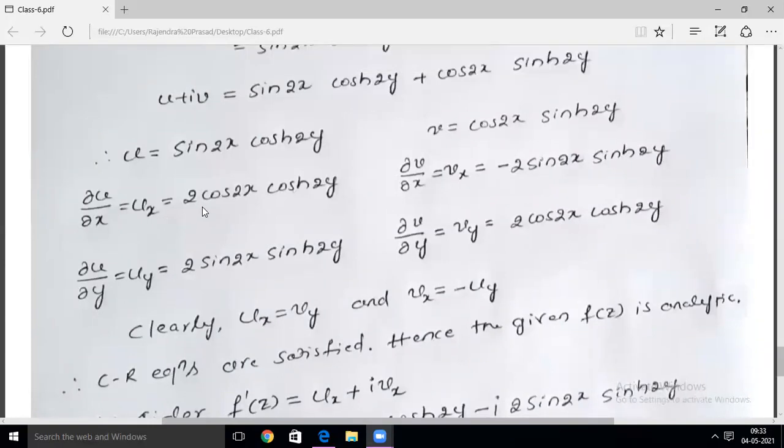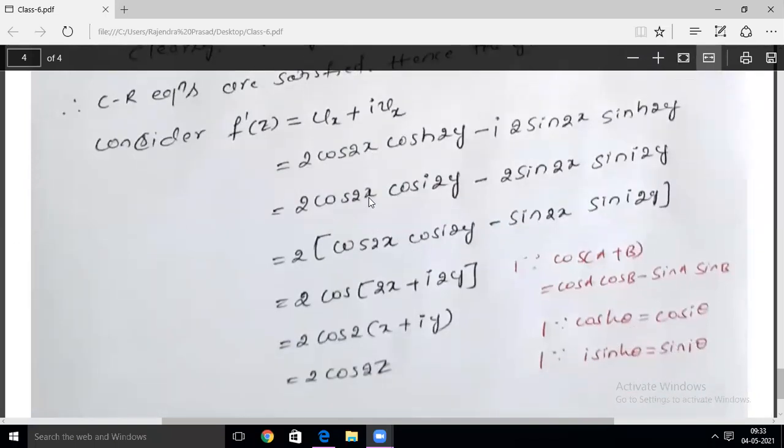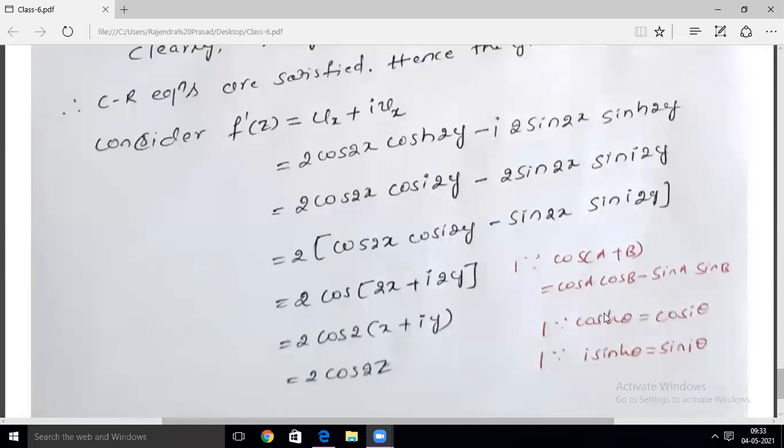We substitute ux as 2 cos 2x cosh 2y and vx as minus 2 sin 2x sinh 2y. Here cosh θ is cos iθ, so cosh 2y becomes cos i2y. Similarly, i sinh 2y becomes sin iθ, that is sin i2y.